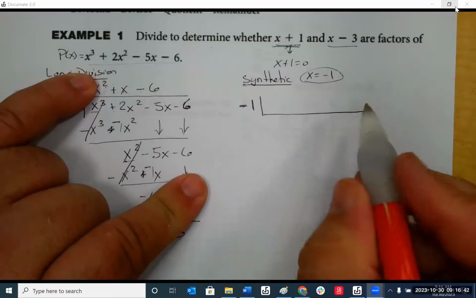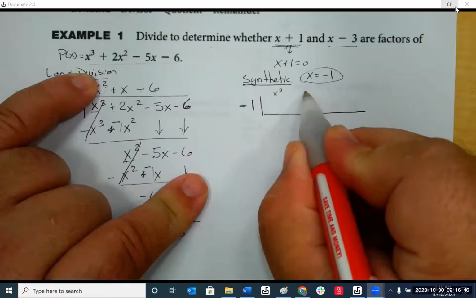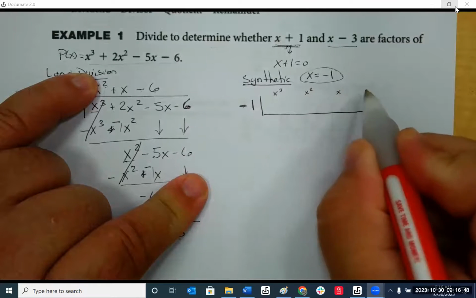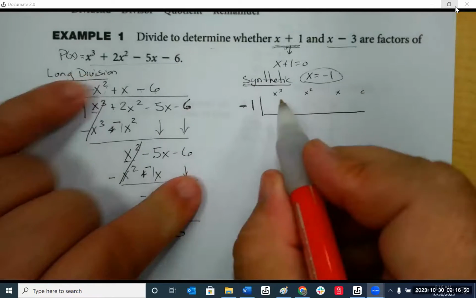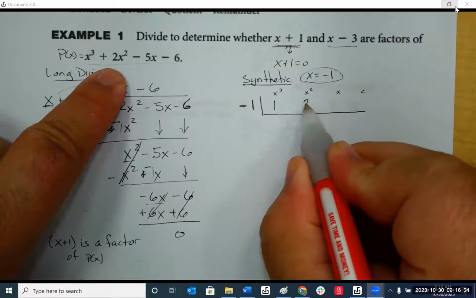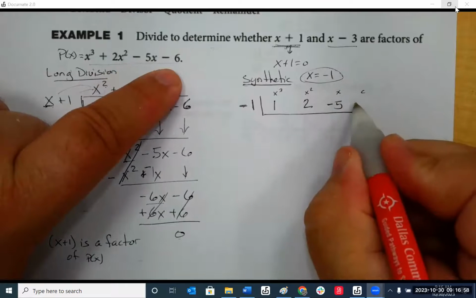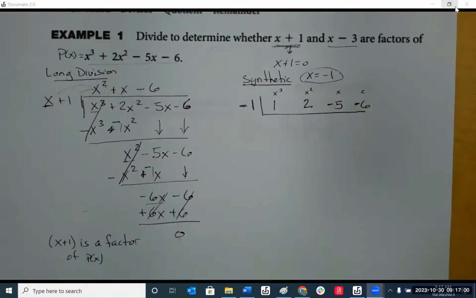And your polynomial coefficients will be here. Here's a coefficient of x cubed, x squared, x, and your constant. So it's going to be 1, 2, -5, -6.